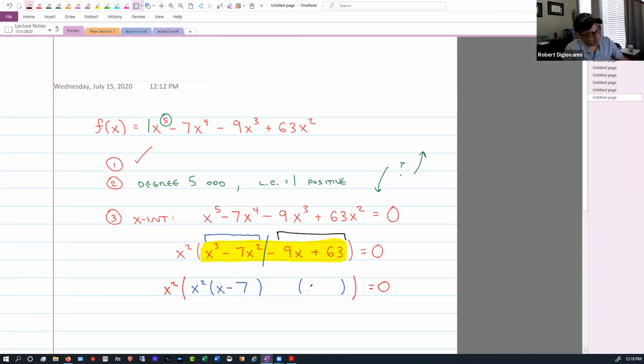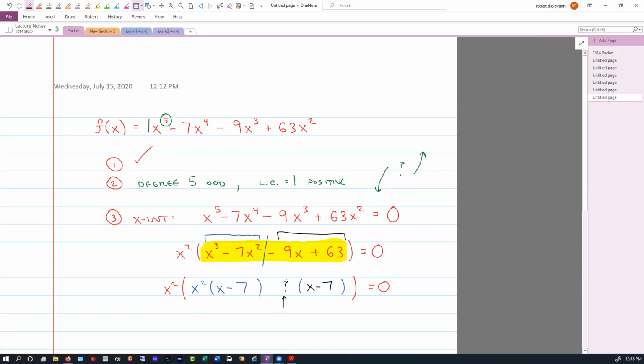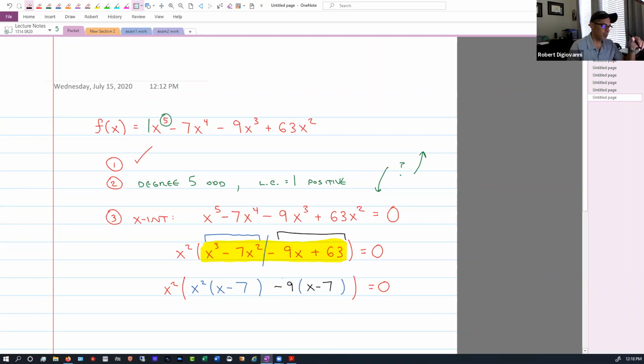So what would have to come out in front here to make this work? 9. Close, almost. Negative 9. Because it distributes through to give you negative 9x and plus 63. And these 2 things match, right? Which is what you need for grouping.